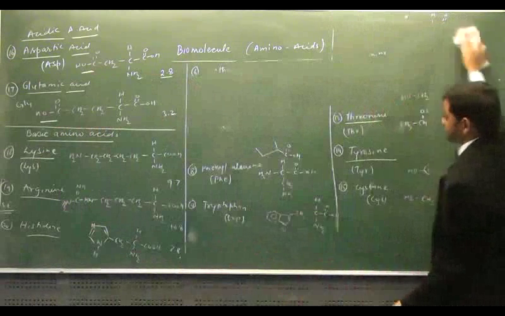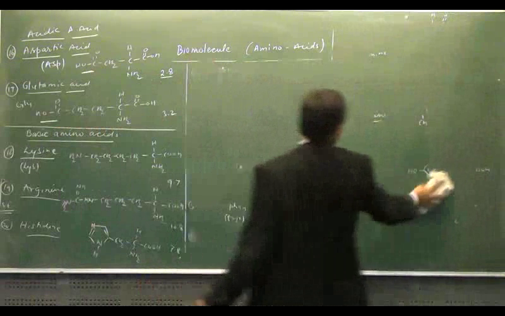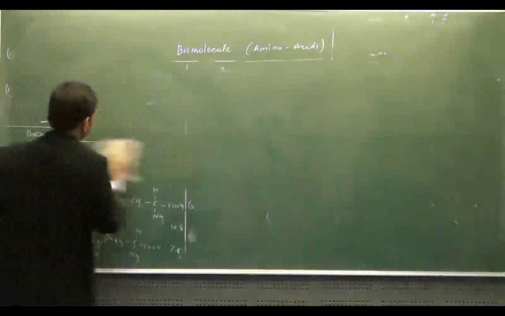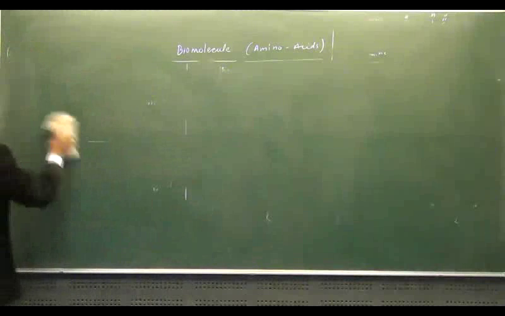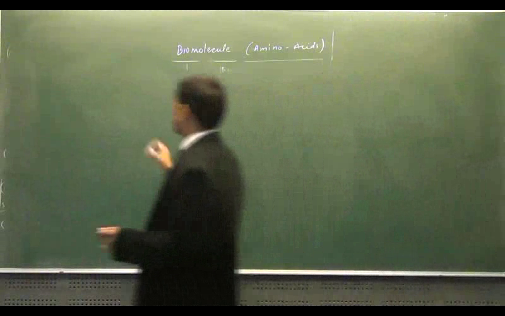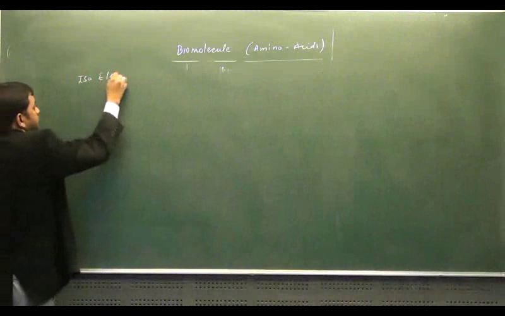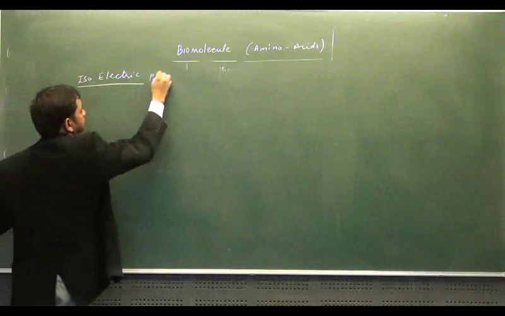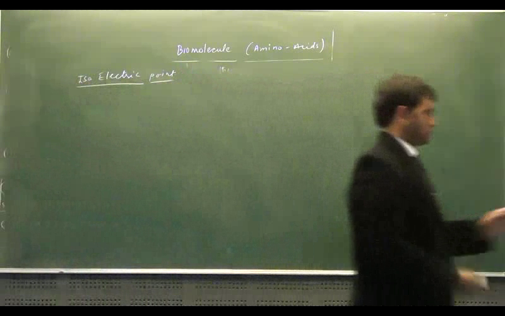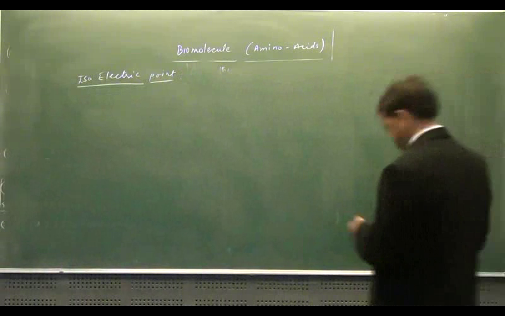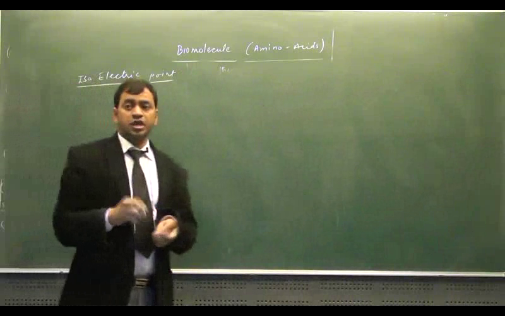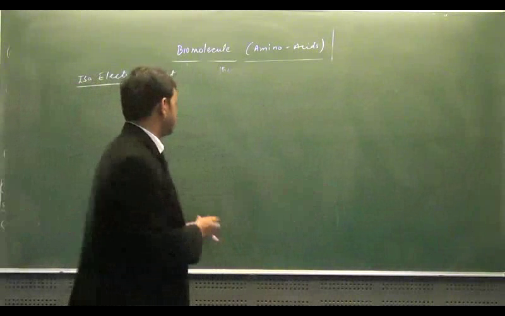isoelectric point. The pH at which amino acid does not migrate towards any electrode.